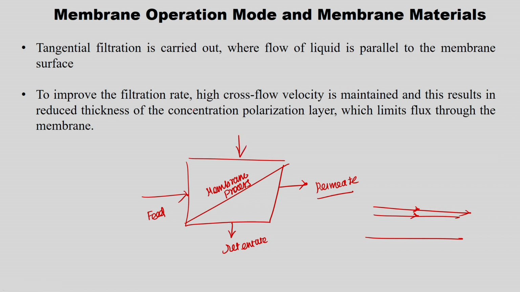To improve the filtration rate, high cross flow velocity is maintained, and this results in reduced thickness of the concentration polarization layer. The cross flow is perpendicular to the membrane surface. So, there is a possibility for concentration polarization, but if we maintain high cross flow velocity, that can be avoided.